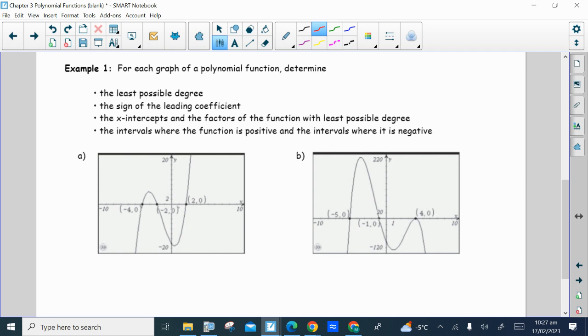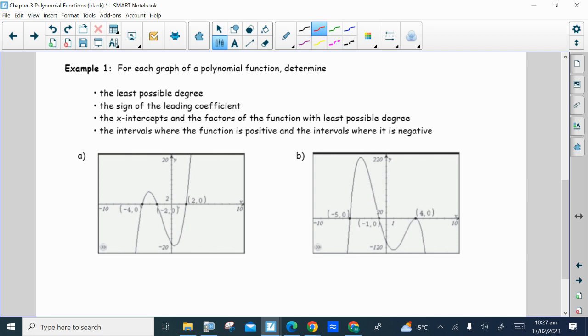So that's what we're referring to. So to get the degree, there's two different things that you can look at. Number one, we've said that the degree tells you the maximum number of x-intercepts, but you can't always go by that because it is possible for a third-degree polynomial to have only one x-intercept. If you took this graph and shifted it up, let's say 22 units, then this minimum point, which is around negative 20, would be above the x-axis.